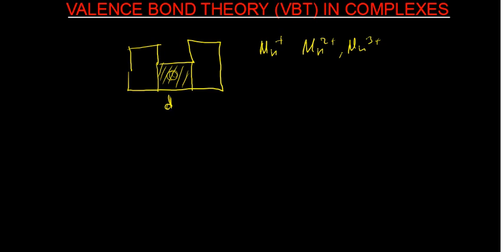Such group D elements which have multiple oxidation states are called transition metals. Any element that we pick from the main group elements, so this group, apart from this which I've shaded, the rest are called the main group elements.